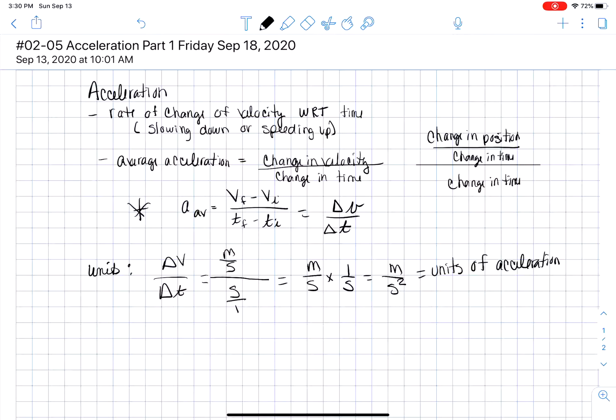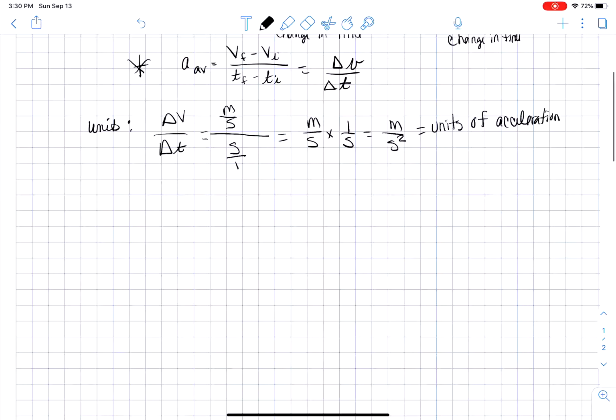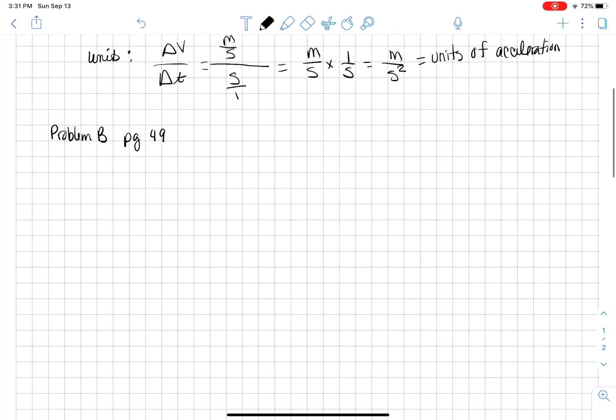So pretty simple. To look at an example, we're going to go to problem B, and that's on page 49 of your text. And this is going to show you how you will format this when you do your work.